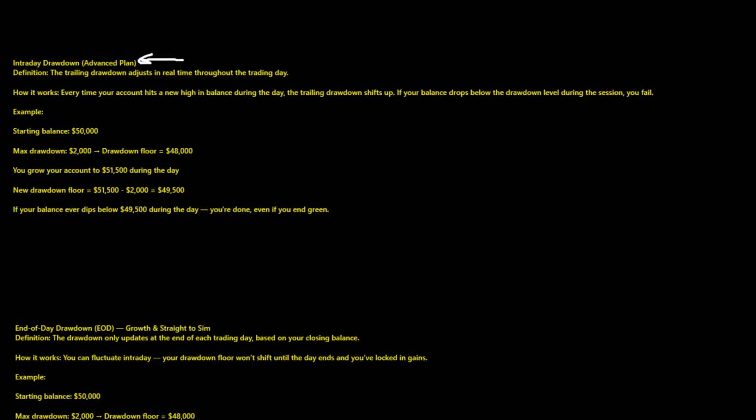But just like it says on your screen right here, every time your account hits a new high in the balance during the day, the trailing drawdown shifts up, and if your balance drops below the drawdown level this session, you fail. Like in this example, if you have a $50,000 starting balance, you have a max drawdown of 2,000. You can't let your account get below 48,000, right? That's a $2,000 difference.